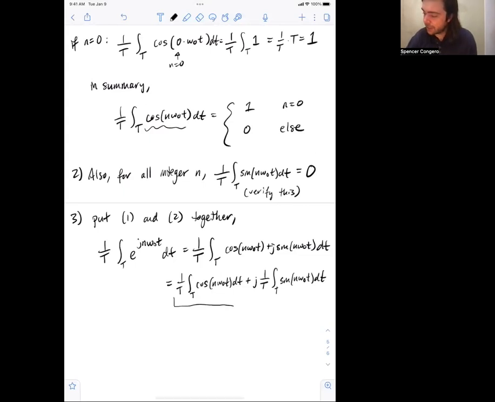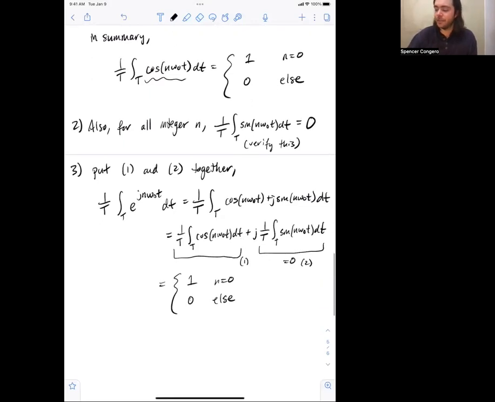This right here, I can use property 1 to understand what that is, and this just equals 0 by property 2. And so all I'm left with is exactly the expression I had in property 1, 1 over T times the integral over a period of cosine n omega naught t, which we already said equals 1 if n is 0 and 0 otherwise. Okay, so that happens to be true for this complex exponential function as well.